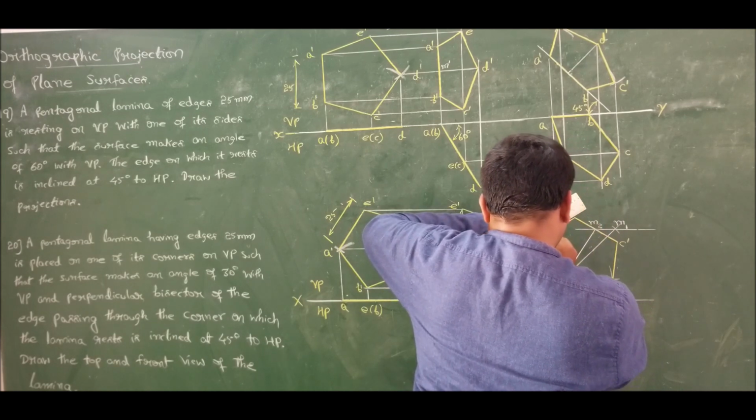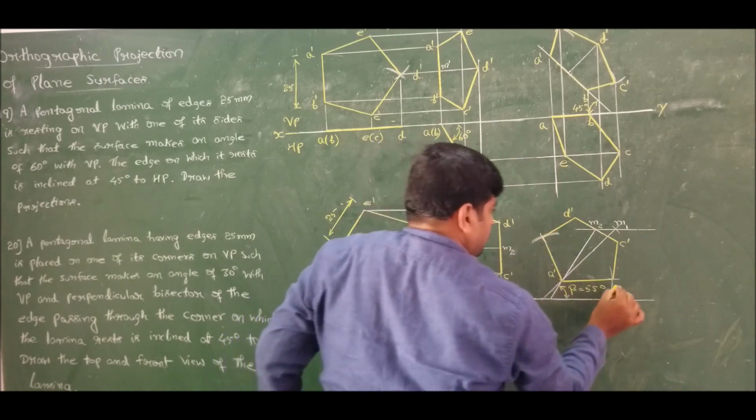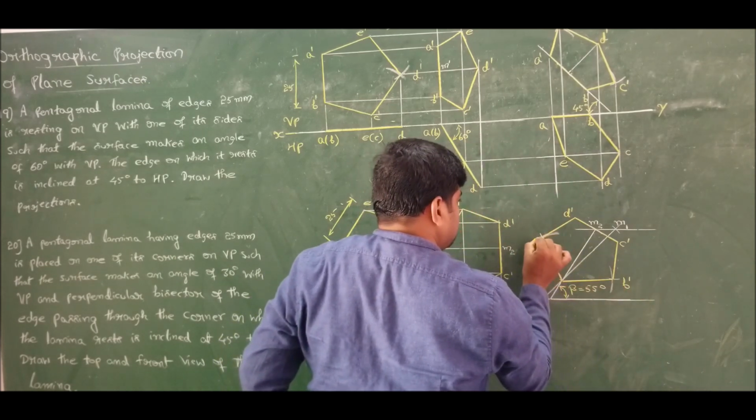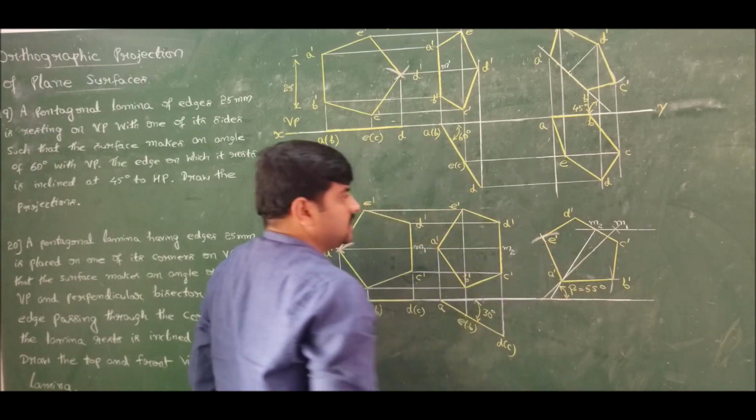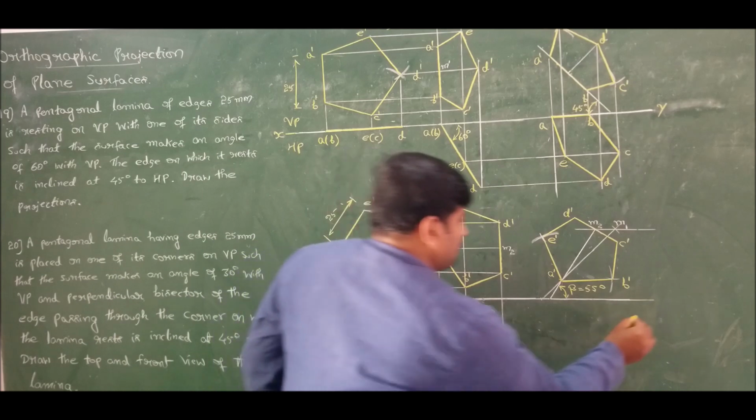So we have done with the front view in the final position. So we have A', B', C', D'. So this is E'. Now take vertical and horizontal projection and complete the problem.